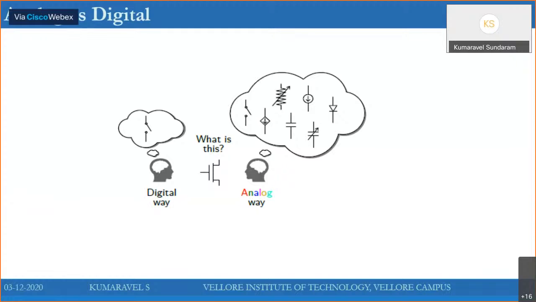In analog, all three modes of operation can be used. Specifically, we go with the saturation region to design amplifiers, oscillators, comparators, all those blocks. So saturation is important in analog circuit design.